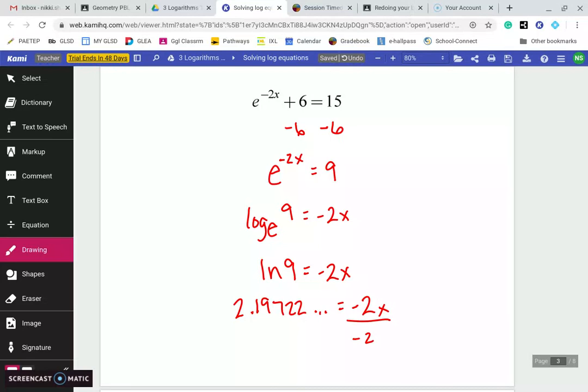And now I'll divide both sides by negative 2. And I get that x is negative 1.099. And that one I did round. So again, don't round till the very end. You have to get the exponential part by itself first. So then you can rewrite in log form, plug it into your calculator, and solve for x.